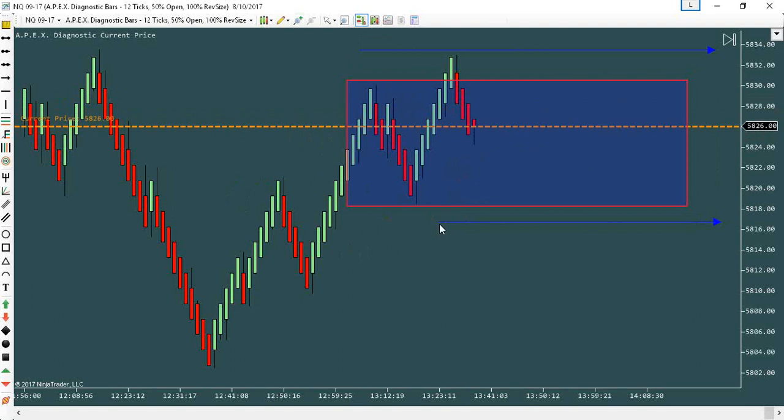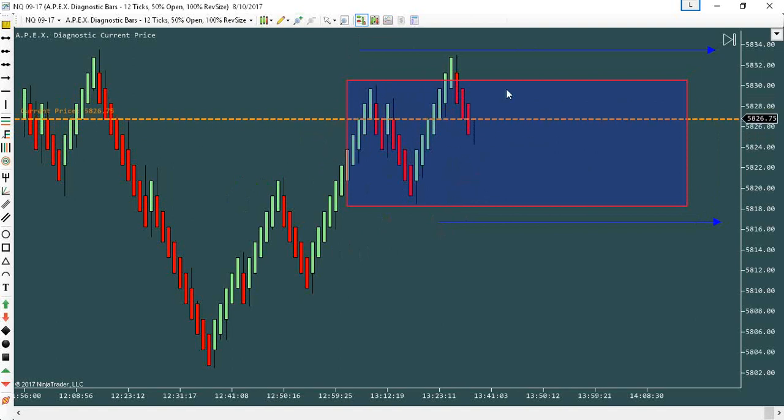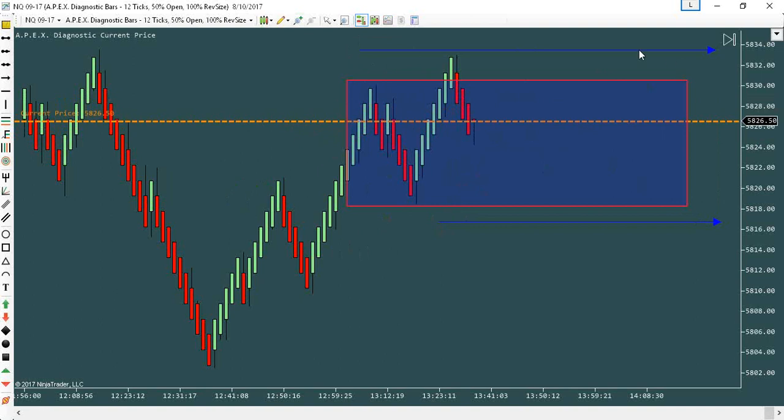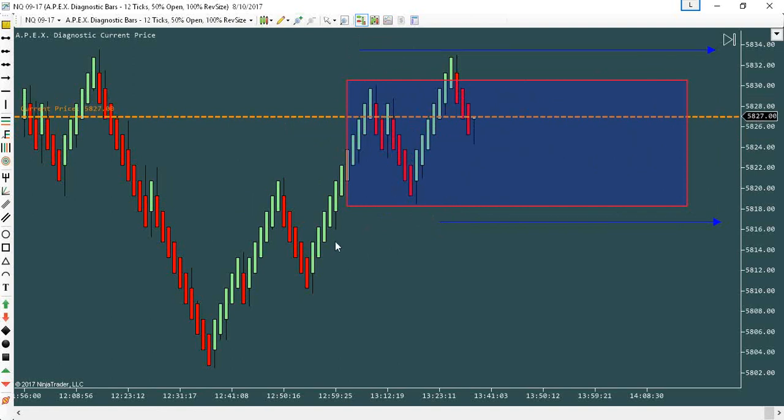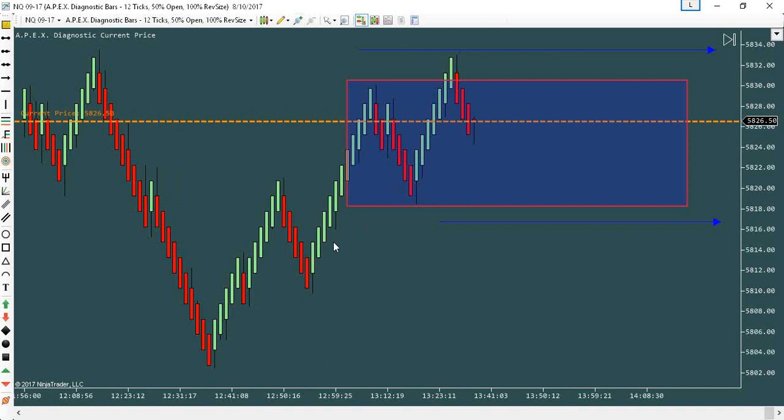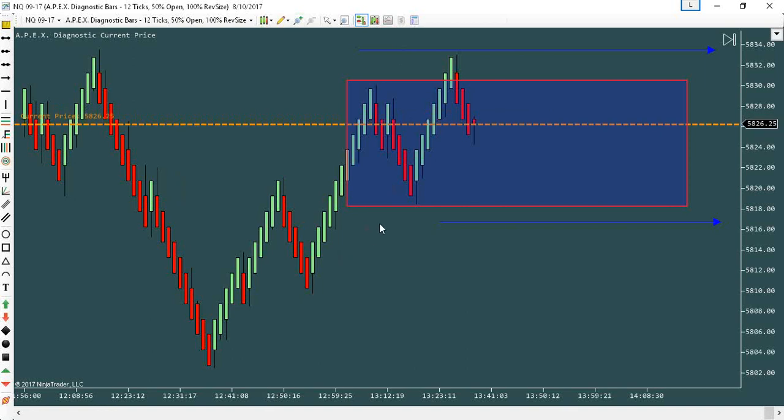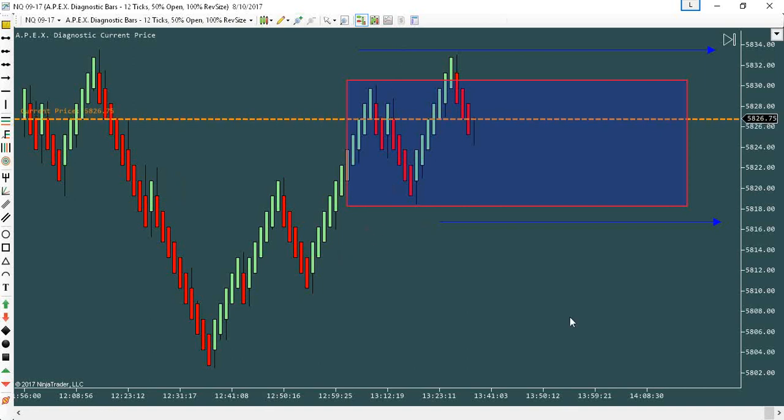Everybody agree? So if the market expires within this box, between my two strikes, how much could I potentially profit by doing two different binaries? Well, I could profit $50, right? So I'd get 25 and 25.